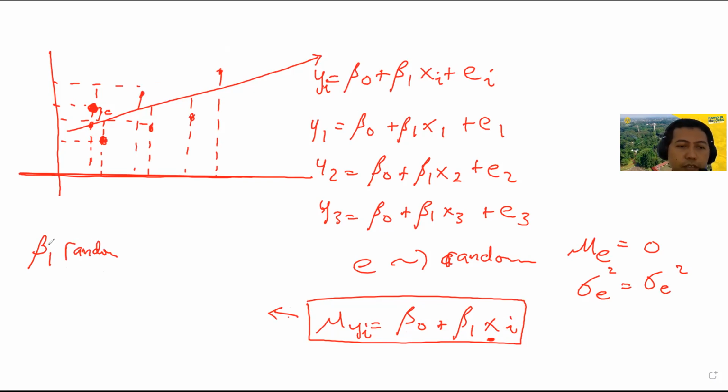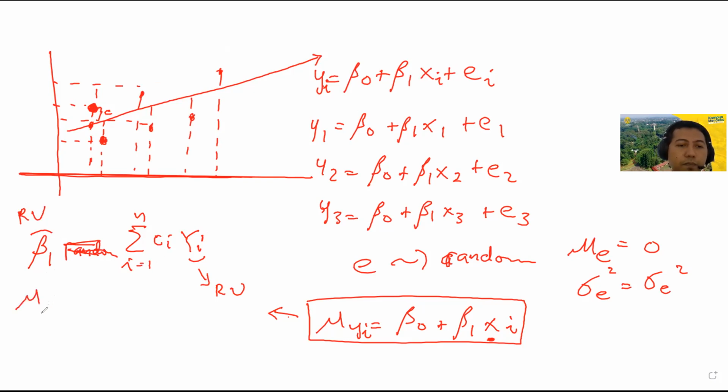Because the beta 1, if you remember, is a function of Y. And you remember if Y is a random variable, so consequently the beta 1 also is a random variable.